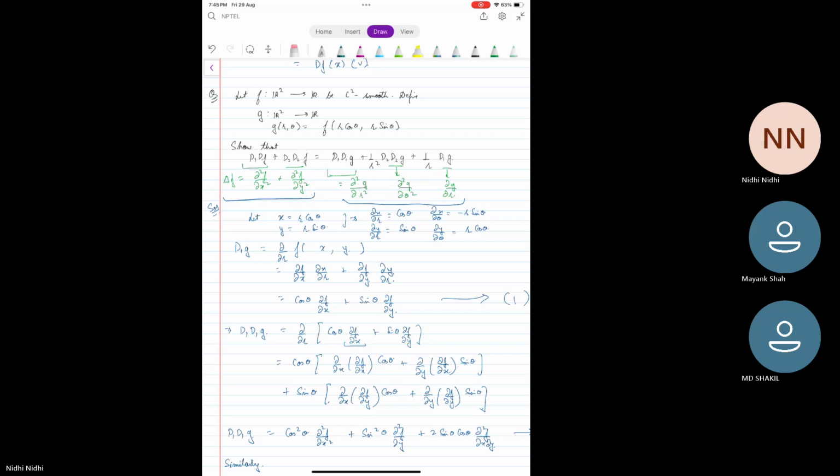How is this radial? Is F radial or G radial? No, by radial we mean that we have converted our problem in the form of r theta. Oh, polar form. Yeah, polar form.